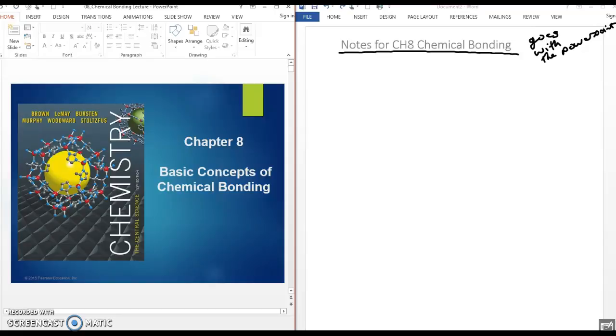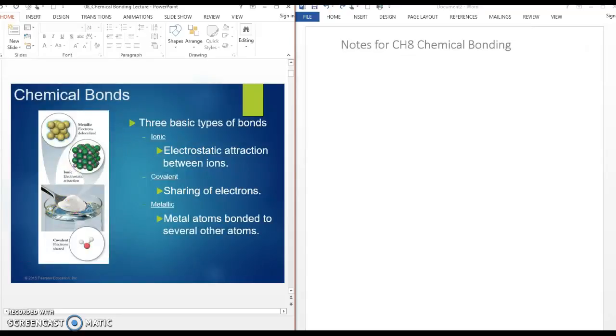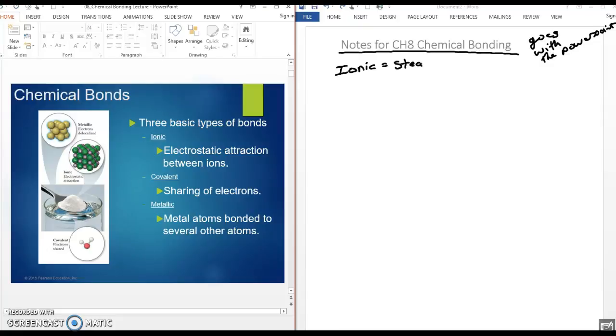So let's get started. Chemical bonding. We have three types of bonds: ionic, covalent, and metallic. Ionic we can refer to as stealing electrons. Covalent as sharing electrons.